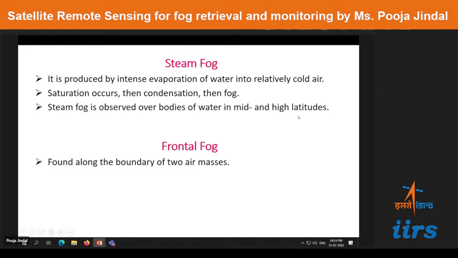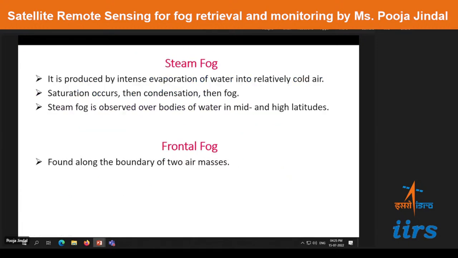Then the last among the processes is the frontal fog. Frontal fog is found along the boundary of two air masses of different temperature. When a warm air mass and a moist air mass come in contact, at their boundary there is a possibility that the temperature may reach the dew point temperature, and hence fog formation may take place.